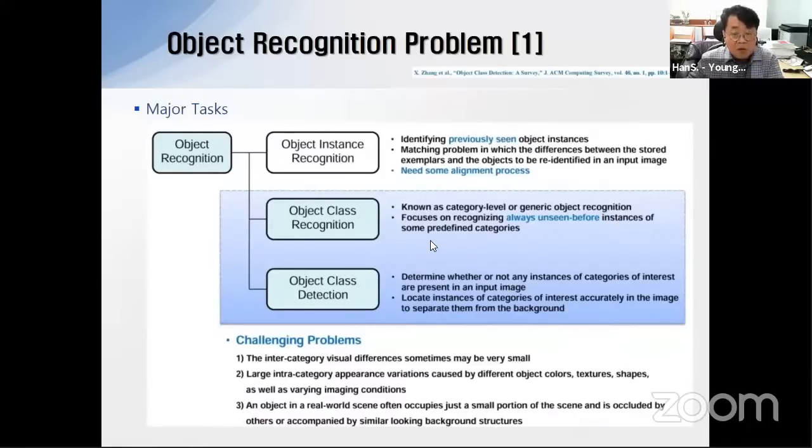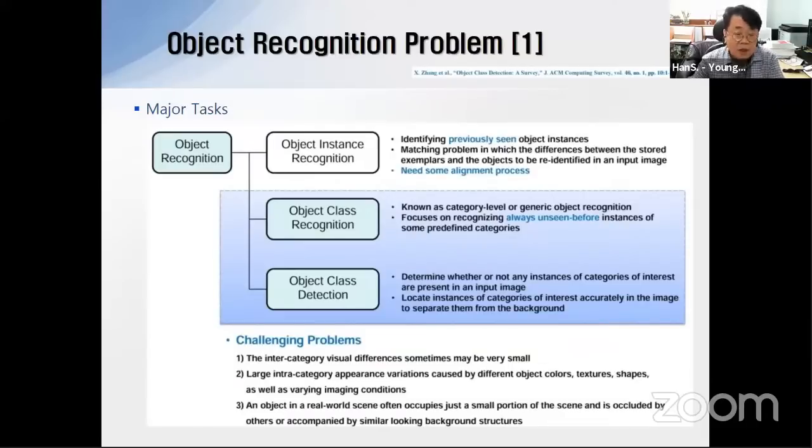That is the application of object instance recognition. Object class recognition just classifies an object into a predefined class. But object class detection determines whether or not any instance of the categories of interest is present in an input image. So we need to locate the specific location of the object.